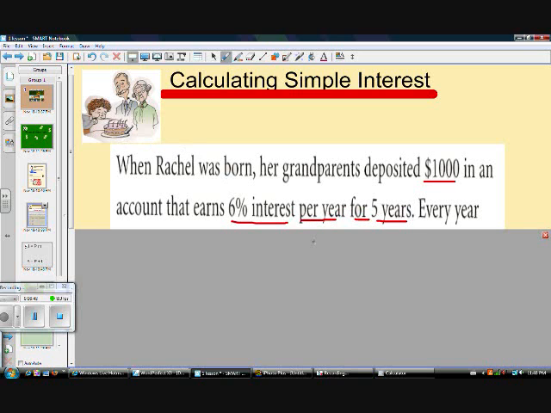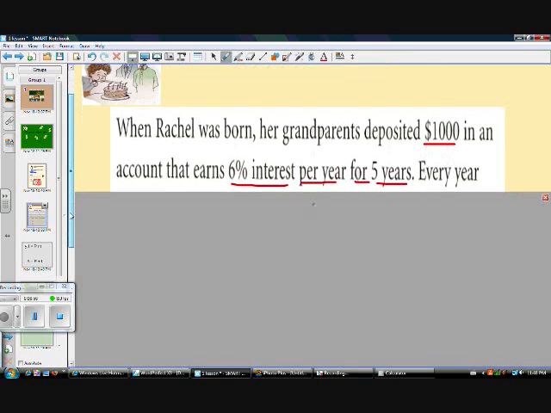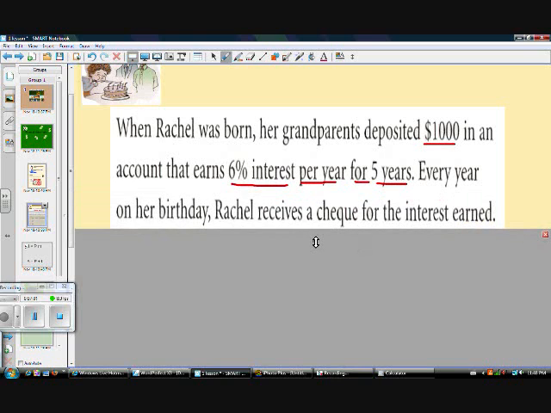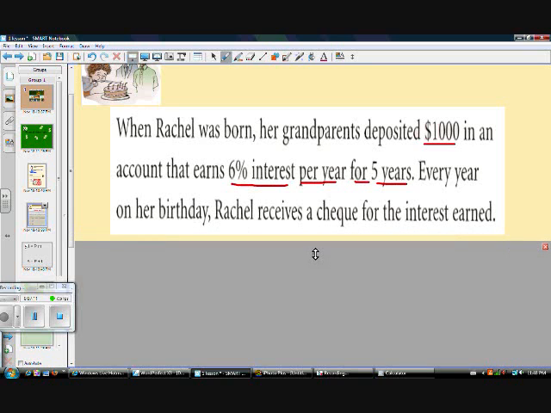So if we look here, we can see that there are 5 candles. So this must be her 5th birthday. Now, every year on her birthday, she receives a check for the interest that she earned. Okay, so that's a pretty good birthday present, I would think, every year.